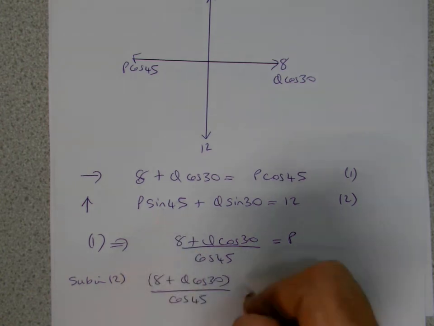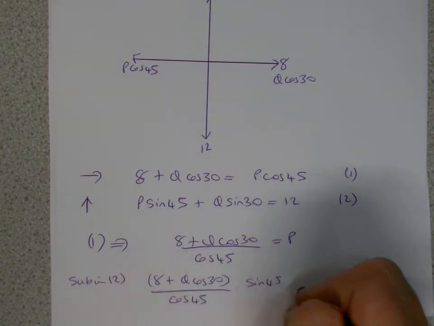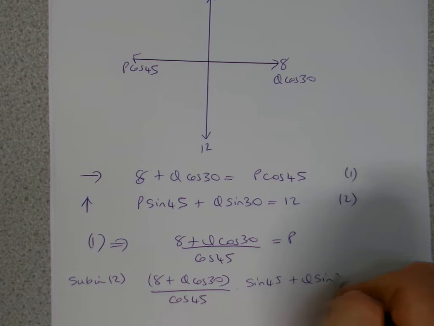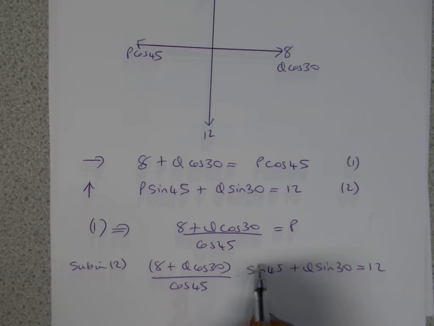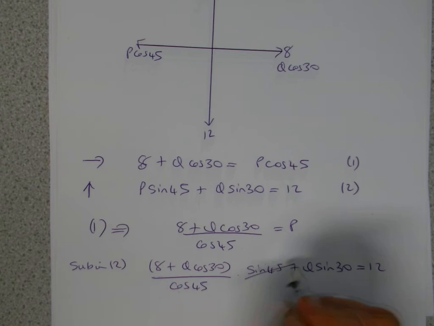And you've got to times it by sine 45 plus Q sine 30 equals 12. Now what's great about this is cos 45 and sine 45 are the same. If you type that into your calculator, they come out the same. That's 1 over root 2, that's 1 over root 2. So it's like this divided by this should equal 1, because they're the same, they'll cancel out.